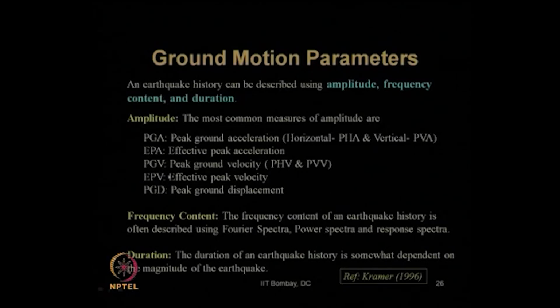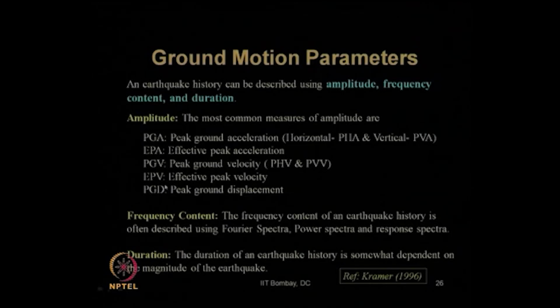Now, PGV is called peak ground velocity, like PGA. It also can have three components, two PHV and one PVV, that is peak horizontal velocity and peak vertical velocity. Then, similar to acceleration, here also we consider effective peak velocity, that is, which are more damaging or which should be considered for design, not a single peak.